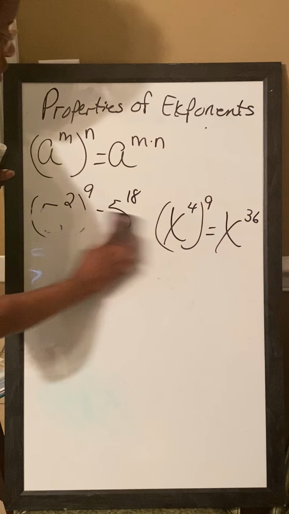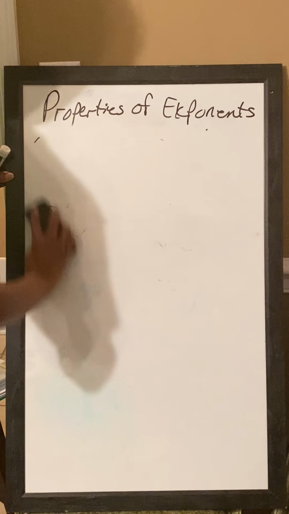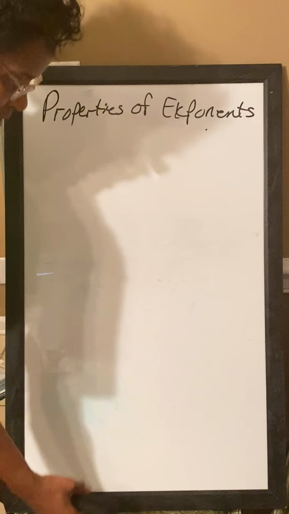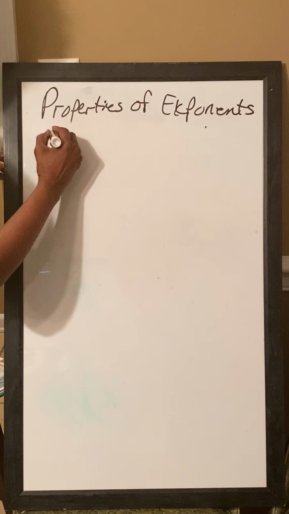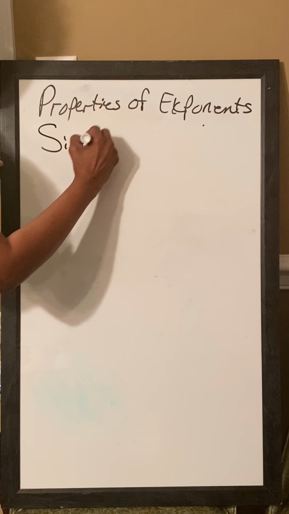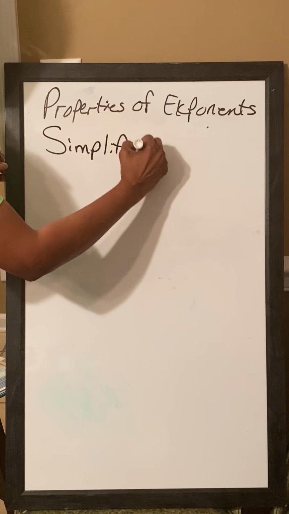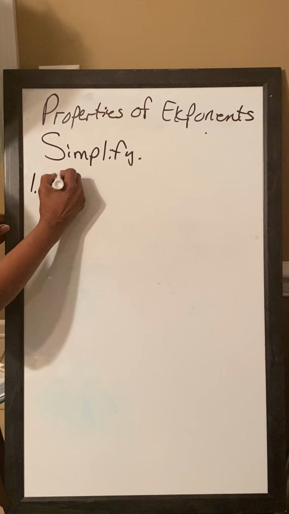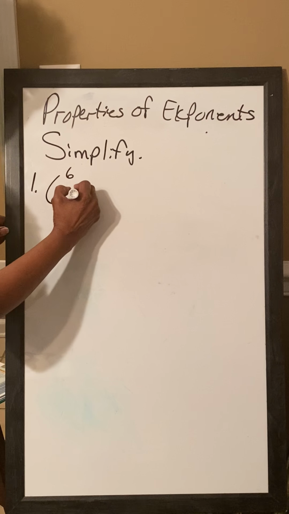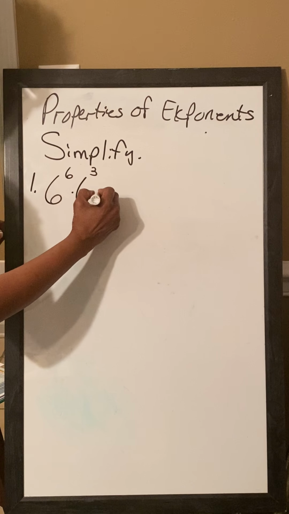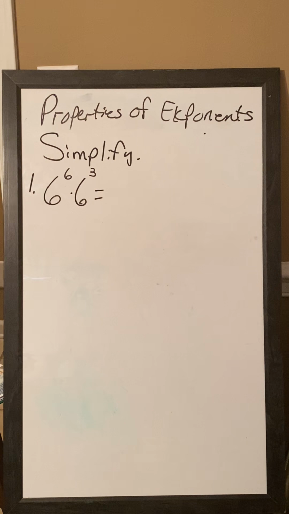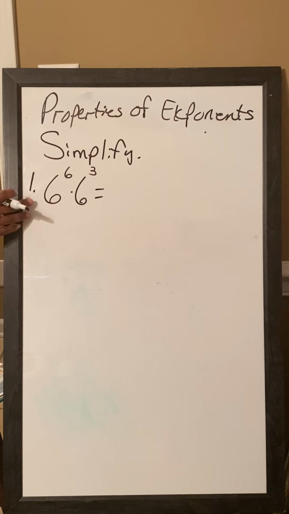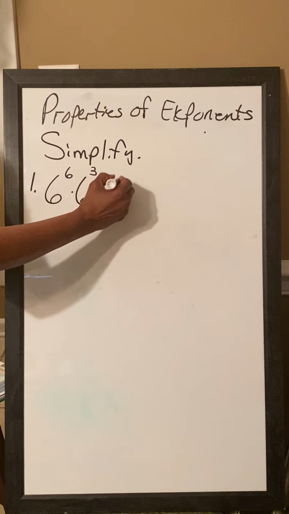Now I'm going to give you just a couple and we're going to go through them together, just to review these rules right quick. Let's simplify. Example 1. If I had 6 to the 6th times 6 to the 3rd, well, I'm multiplying like bases. So we're going to bring that base of 6 over.